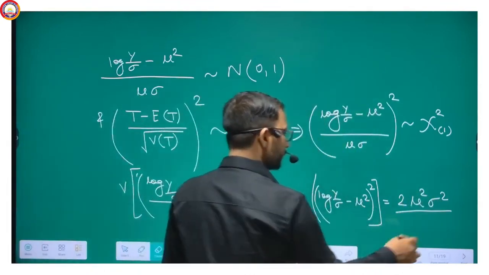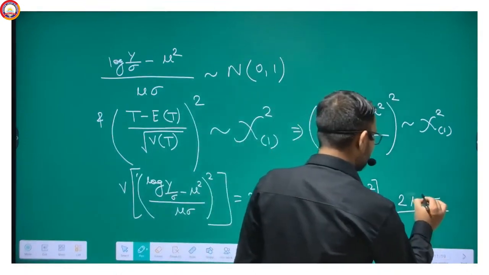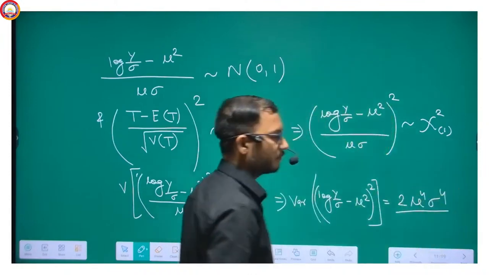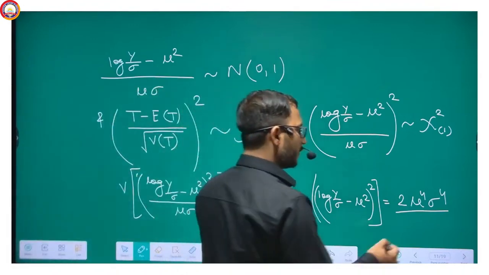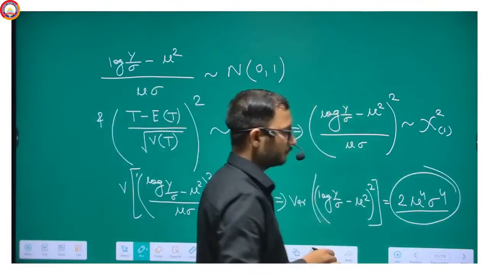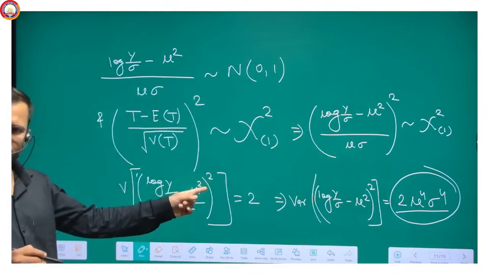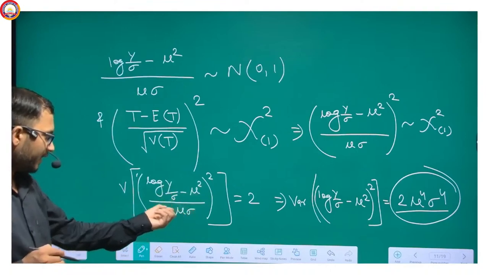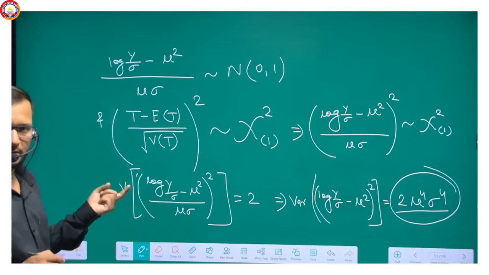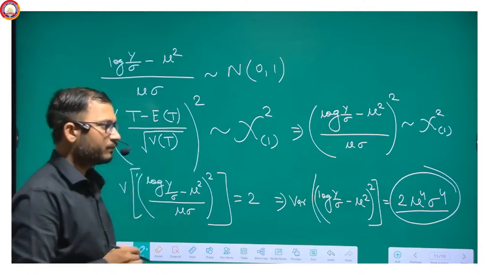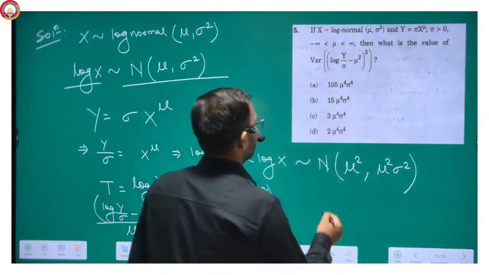Sorry for that. Getting the point? So yes, this will be mu to the power 4 sigma to the power 4. Because a square was already there, and then we have taken it out from the variance, so it will be again squared. That's why it will become mu to the power 4 sigma to the power 4, and the answer will be this one.